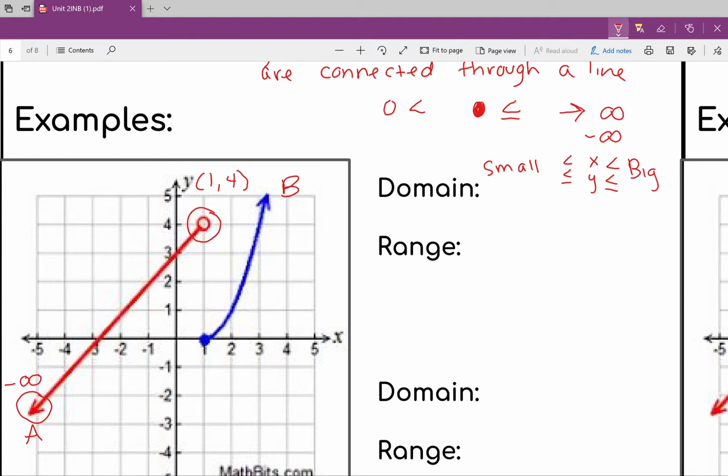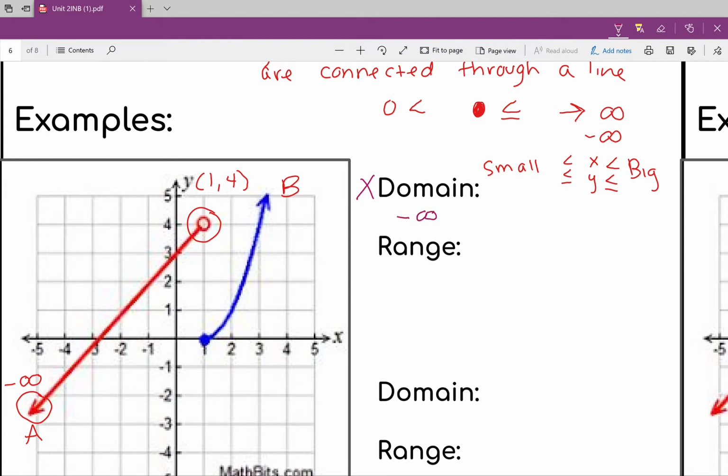Okay, so first it says the small number. If we're looking at the domain, remember domain is the x's. So domain is going to use negative infinity and the 1, because those are both my x values. Negative infinity is smaller, so I'm going to write negative infinity.